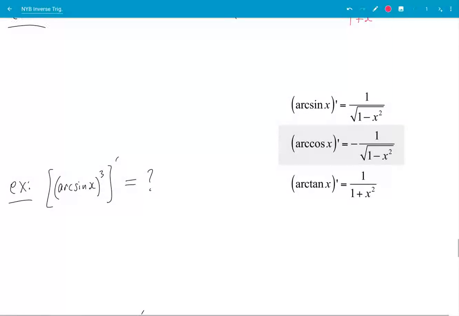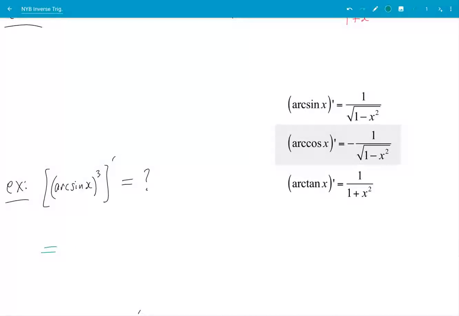So this one's just chain rule, but the 3 comes down. You get arcsine of x now squared. And then you have the derivative of the inside function in this empty bracket here, and that's this thing right here.